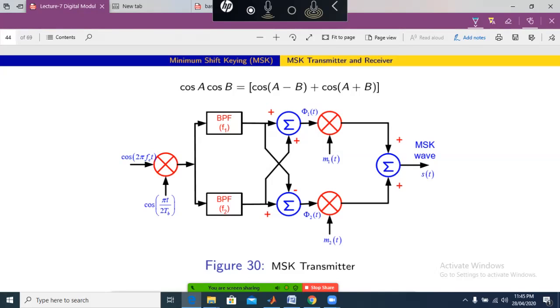Both are summing up here and give the basis function phi 1 of t. And here we subtract the two signals to give the basis function phi 2 of t. Then we multiply by the messages, which are di of t and dq of t. After multiplying with the message, we sum up the two signals and generate the MSK transmitted waveform.